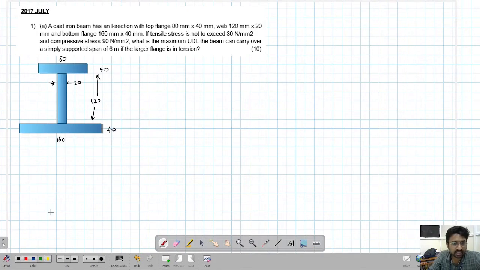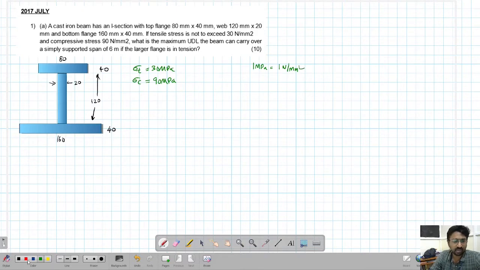Now what is the other data given in the problem? It is given that the maximum tensile stress is 30 MPa, and the maximum compressive stress is 90 MPa. Remember that 1 MPa is 1 Newton per mm square.